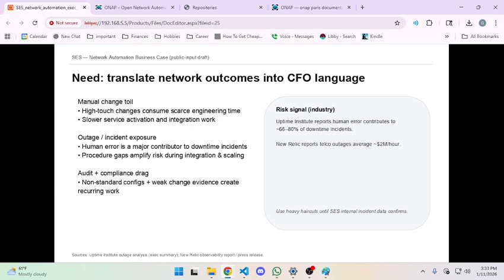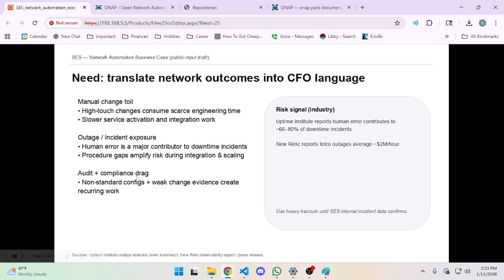All right, so here's the need. Translate network outcomes into CFO language. This is what we're going to do. So manual change toil: high touch changes consume scarce engineering time, slower service activation and integration work. Outage slash incident exposure: human error is a major contributor to downtime incidents. Procedure gaps amplify risk during integration and scaling.